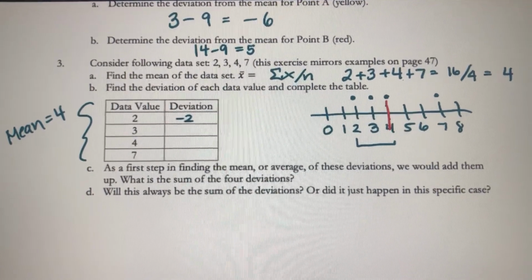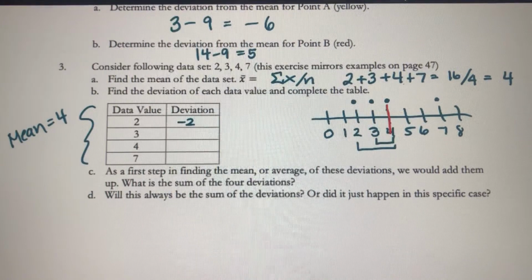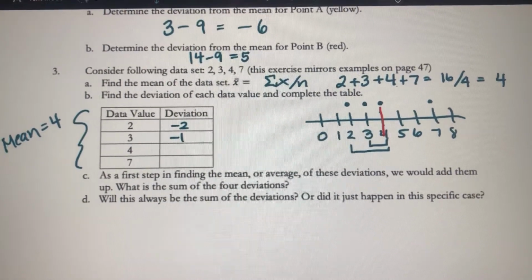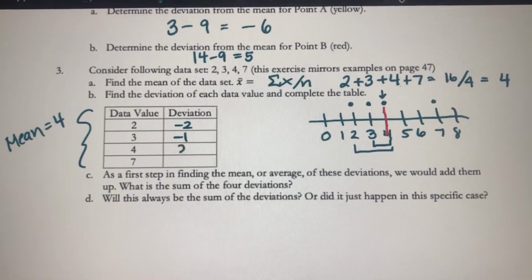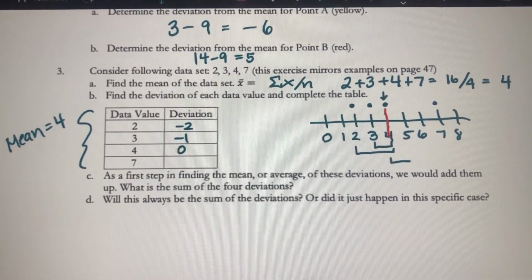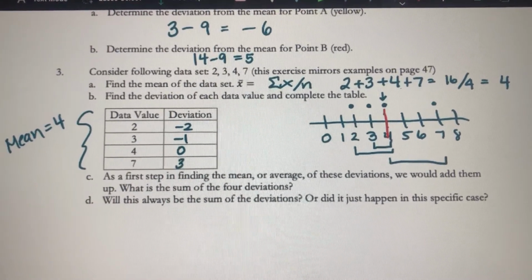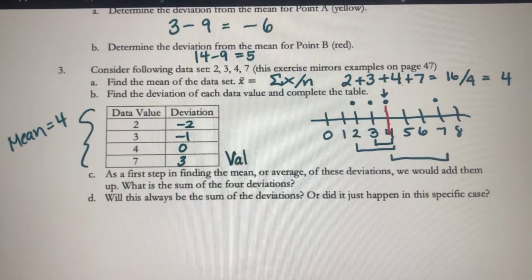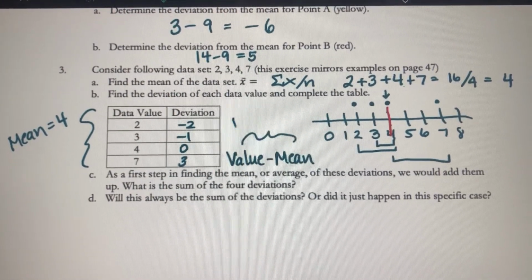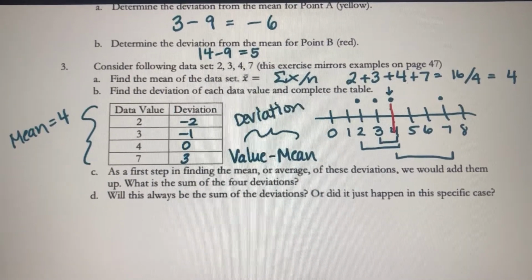So 2 is 2 below the mean. 3 minus 4 is -1. 3 is 1 below the mean. 4 minus 4 is 0. 4 is exactly at the mean. And then 7 minus 4 is 3, which is 3 above the mean. Remember that you're always putting the value before the mean. You definitely want to make sure that you're putting the value first.